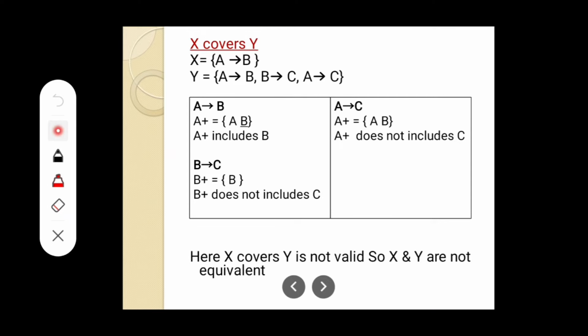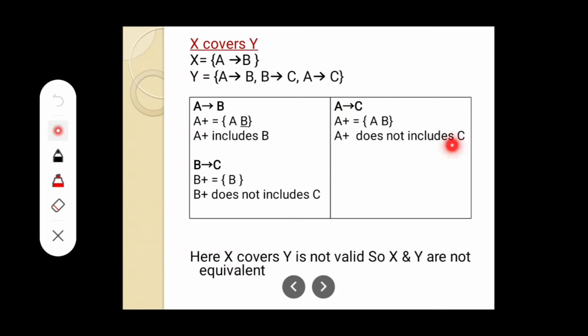So X covers Y is not satisfied. Okay, we can stop right here. I just computed this for demonstration. By looking at this condition itself, we can stop here and conclude that X is not equivalent to Y.